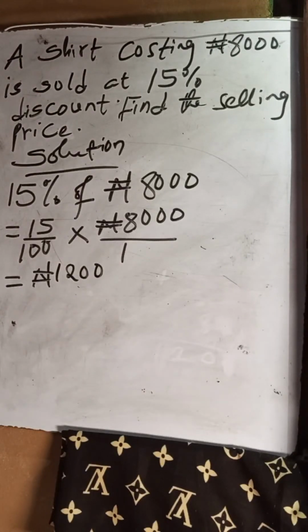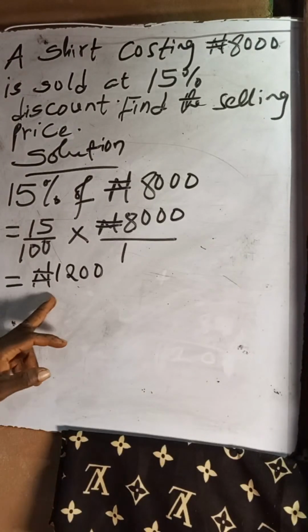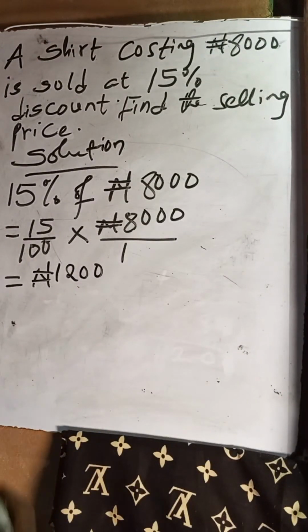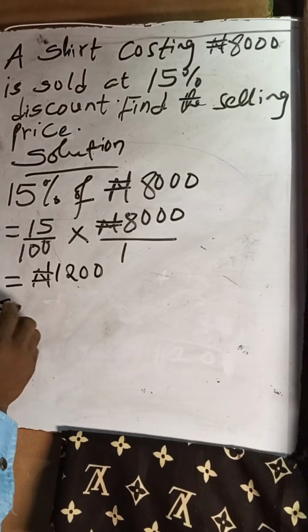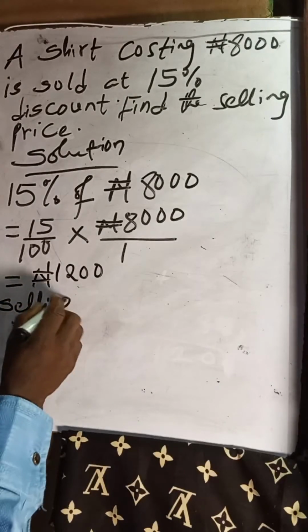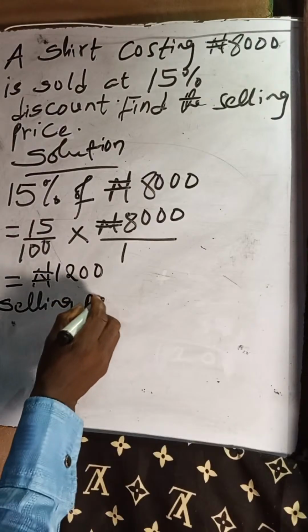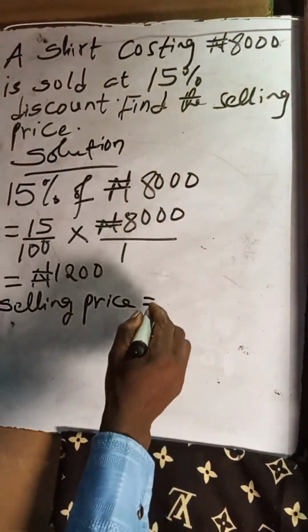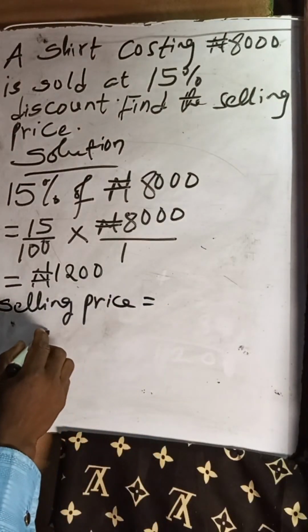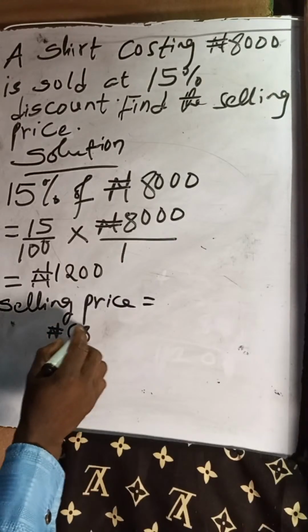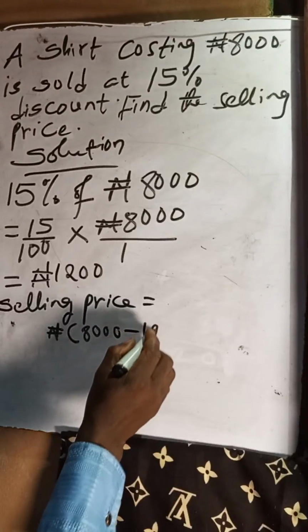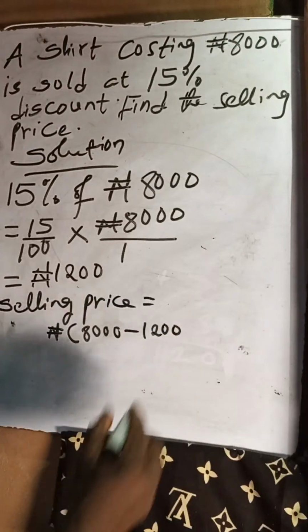So I hope it is actually clear. Then this man said, don't pay this money. So the selling price is actually 8,000 naira minus 1,200.